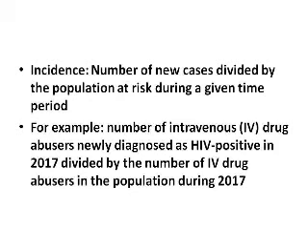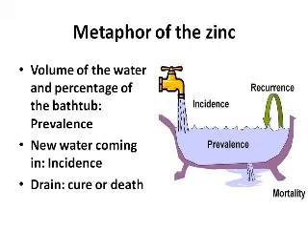So in order to understand this, we could use a metaphor, and this is frequently used in epidemiological studies and in behavioral science courses, the metaphor of the sink. So we want to measure how much water there is, but there are various ways of measuring this. If we want to study the prevalence, we will study how much water there is in the sink or in the bathtub, right?